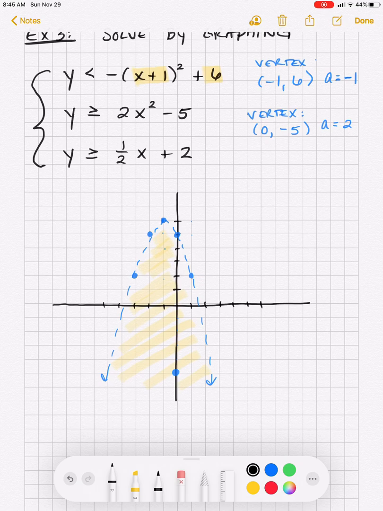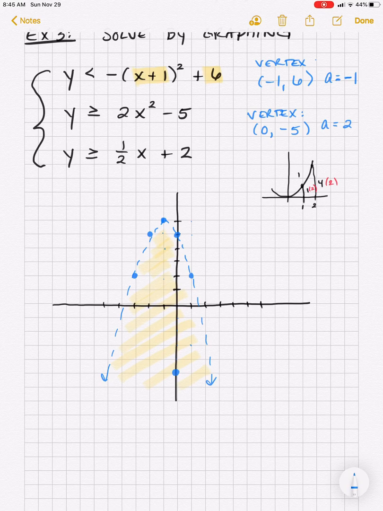Recall that a parabola normally goes over 1, up 1, over 2, up 4. Well, we're going to multiply all those vertical distances by 2. So over 1, up 2 units, and over 2 units, up 8. 1, 2, 3, 4, 5, 6, 7, 8. And let's reflect that point over.